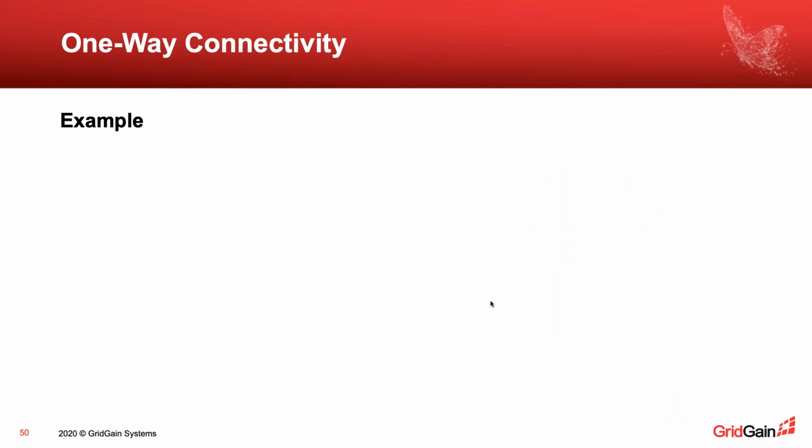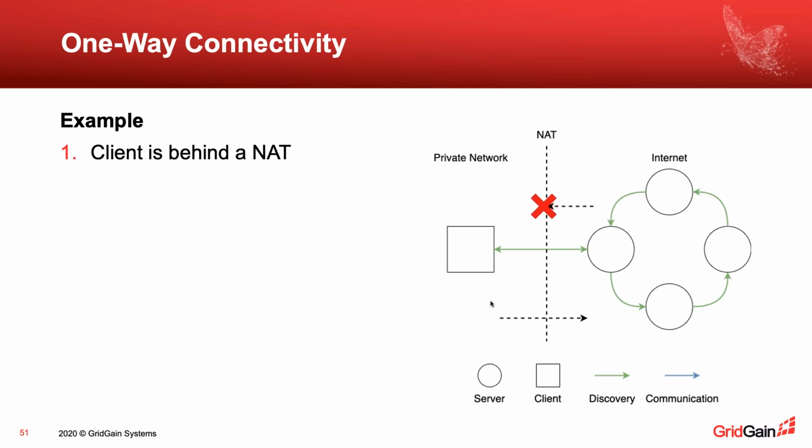The other is one-way connectivity, or network address translation, or firewalls. So a pretty common example. Say we have a private network and a public network. I'm saying on this slide internet, but normally this would be something like a militarized zone and demilitarized zone, or just something in a network behind a NAT and a public network.